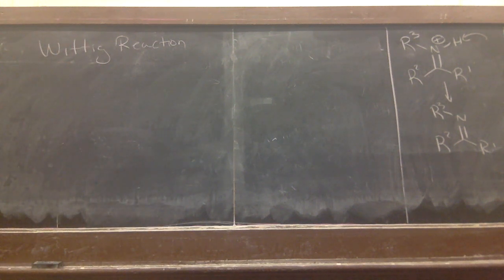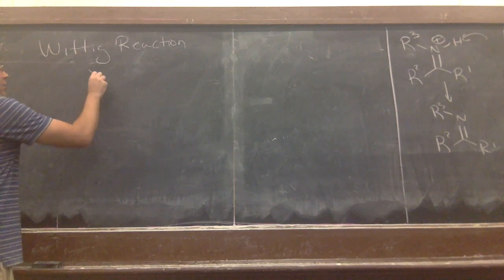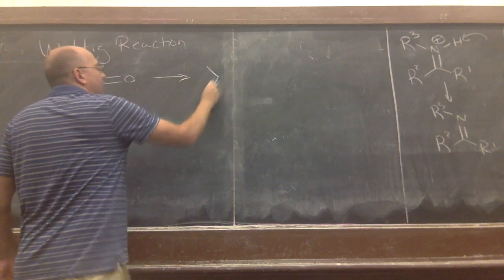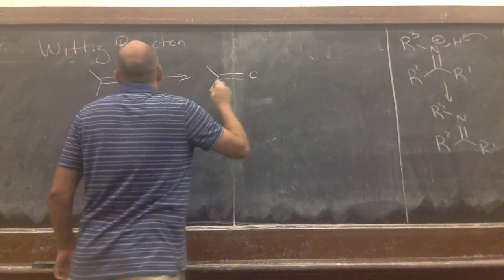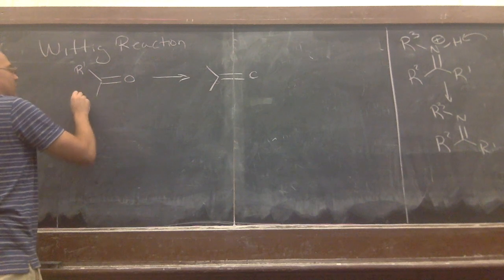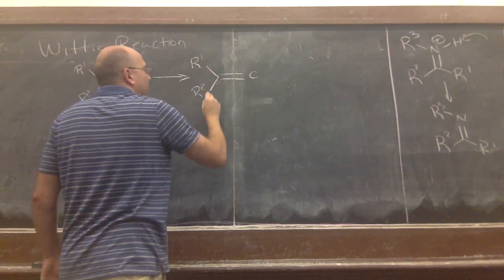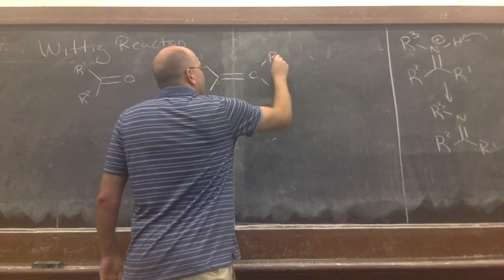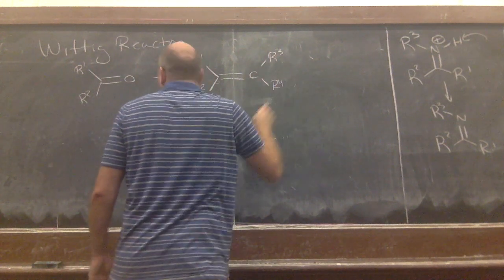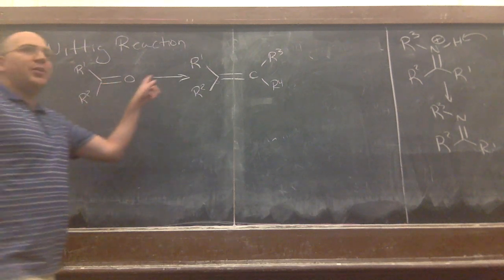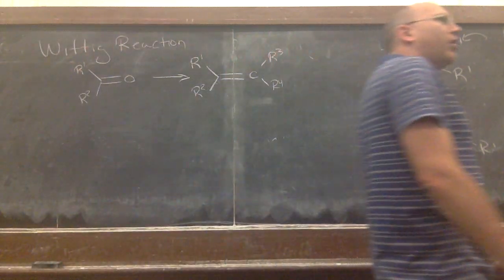The Wittig reaction is actually going to be a way to take a carbonyl and convert it to an alkene. We'll explain some of the reactivity behind the Wittig. But basically, the general idea is that we're going to replace a carbonyl with a carbon.